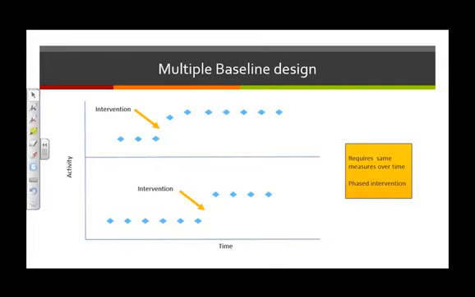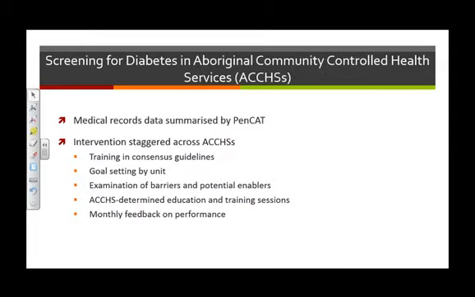The design that I think works best in these is multiple baseline design. The reason why I think it's good is you can see that you collect baseline. Let's say we take hospital 1 or clinical group 1.